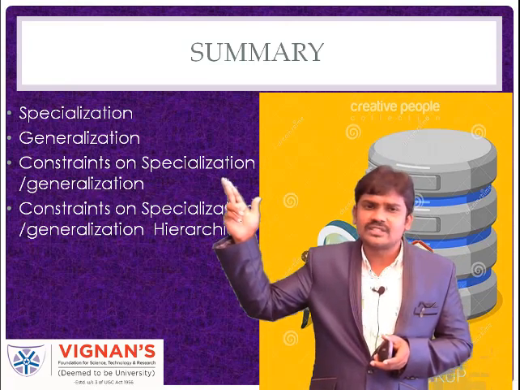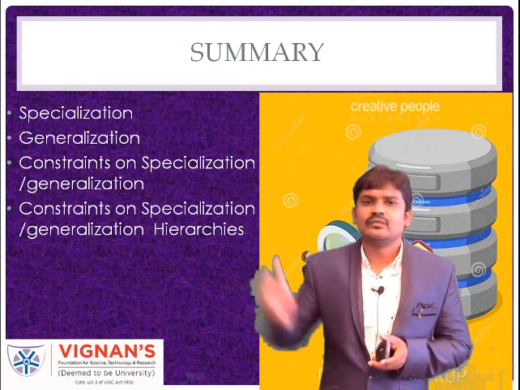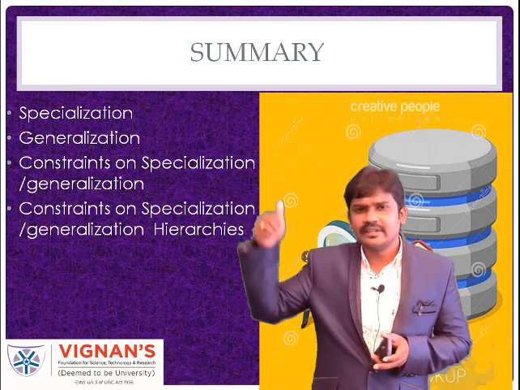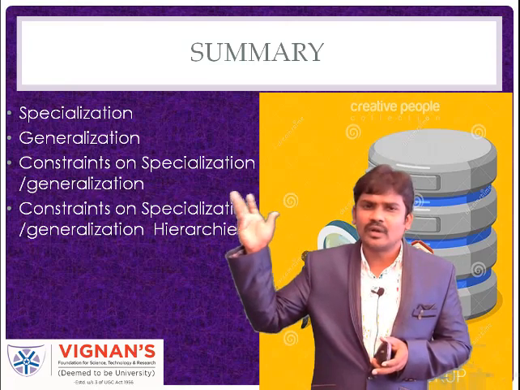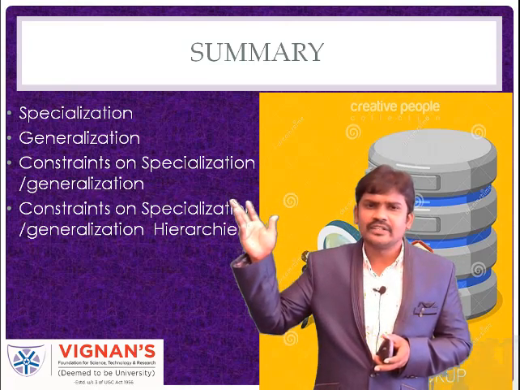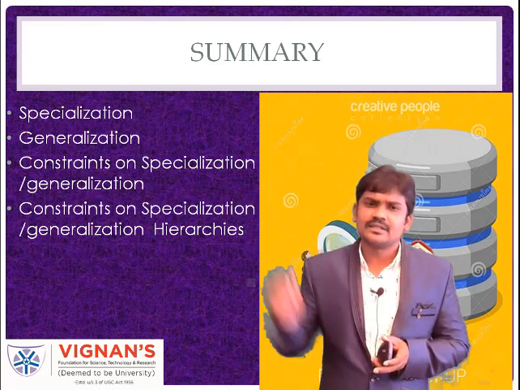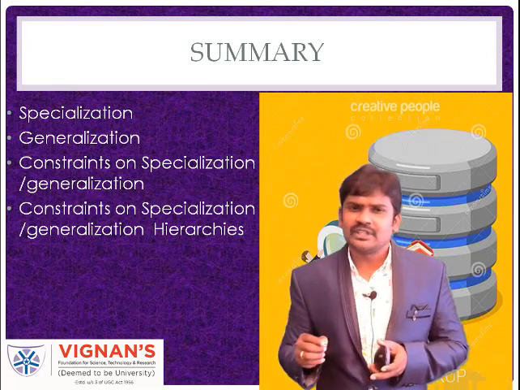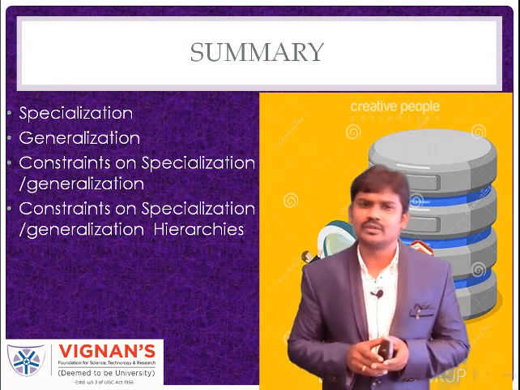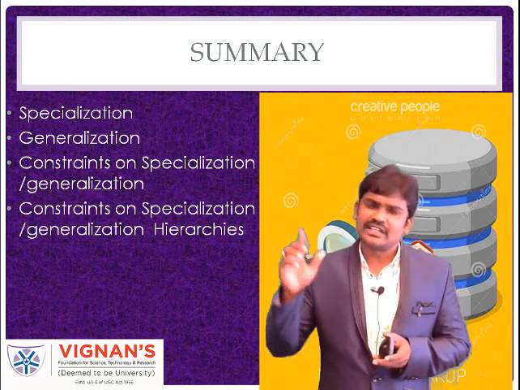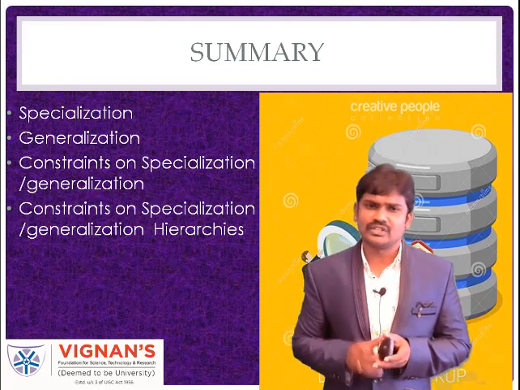Along with that, two constraints, the disjointness constraint and the completeness constraint. Within that, four possibilities: disjoint total, disjoint partial, overlapping total, overlapping partial. Disjoint total is represented with D with double lines and overlapping total with O with double lines. Disjoint partial is represented with D with a single line and overlapping partial with O with a single line.